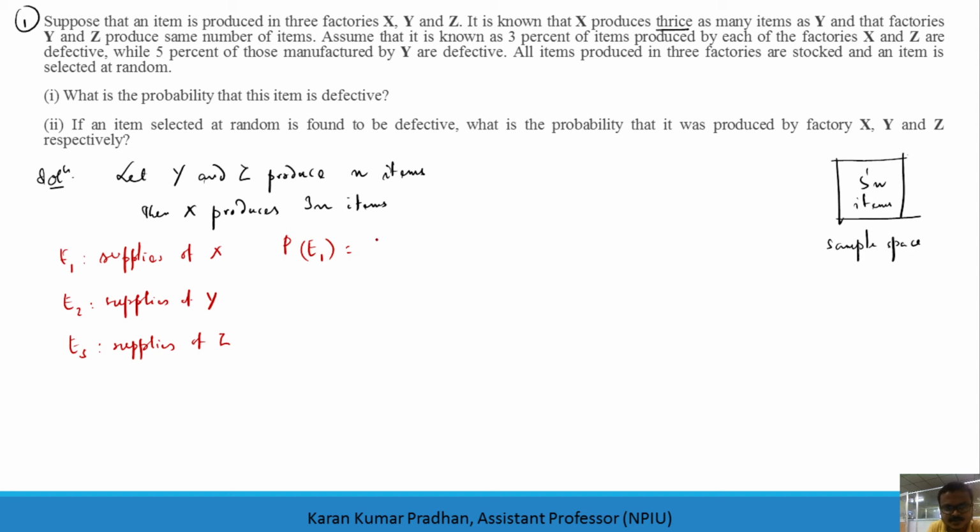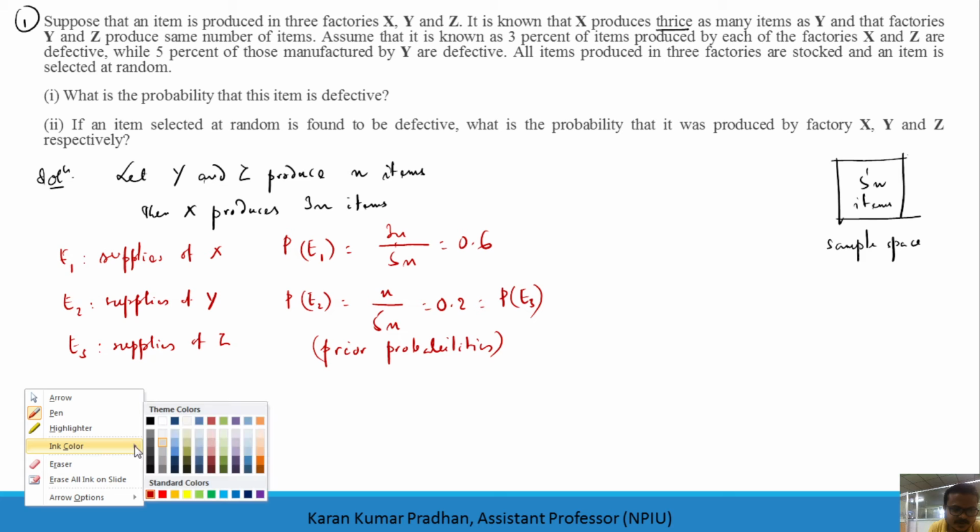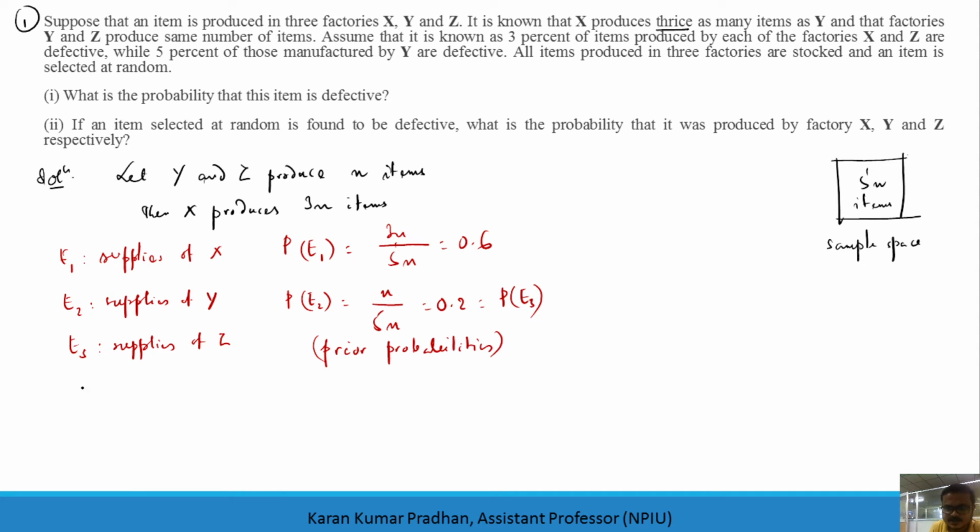Okay, so that means this will be what? 3n out of 5n, which is definitely 0.6, right? And the probability of E2 is n divided by 5n, which is your 0.2, which is same as probability of E3. So these are the prior probabilities we have. Now if I define another arbitrary event, let A be the event of getting a defective item.